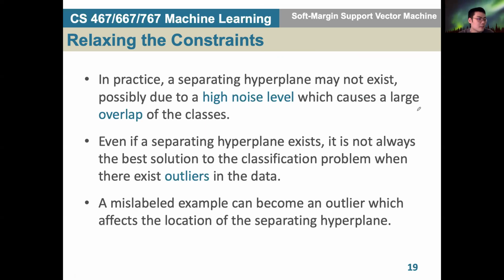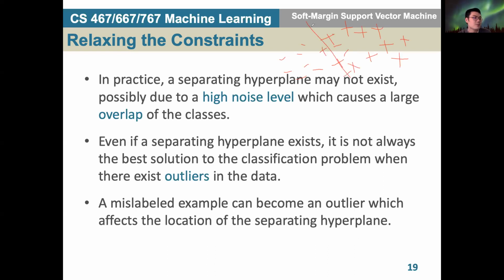Let's say you have a bunch of negative points here, and a bunch of positive points here. And on the boundary, you have a point, some noise, and you also have some negative.